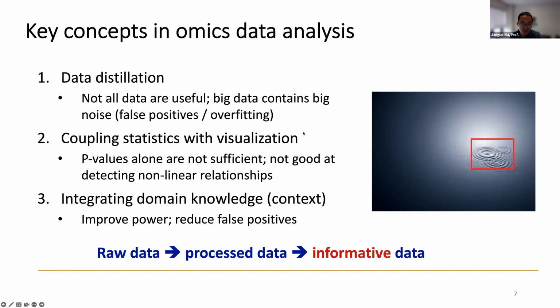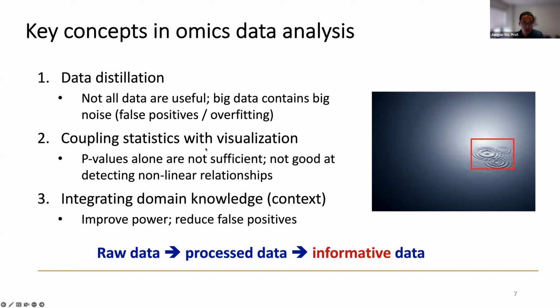So visualization is critical. In addition to visualization and thinking, we also need to use domain knowledge, which is called context. You need to understand the literature, what's going on, and whether the current finding fits with the literature or contradicts it. Overall, the whole data analysis package is not just one method or one particular visualization.